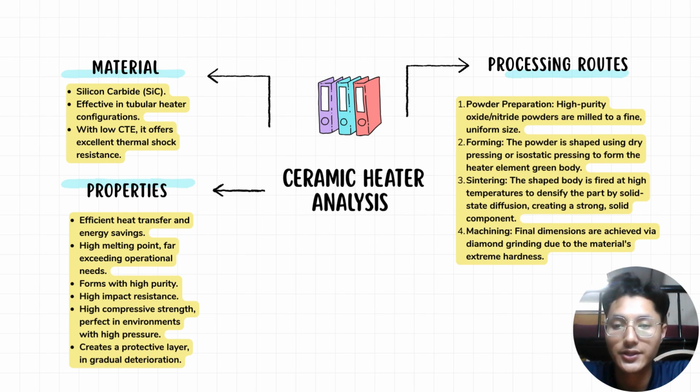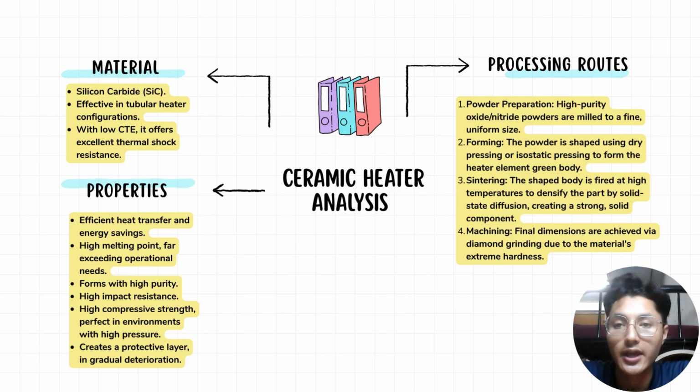For ceramic heater analysis, the material used is silicon carbide. It has a low coefficient of thermal expansion that offers excellent thermal shock resistance. For the property, it has very efficient heat transfer and energy saving.